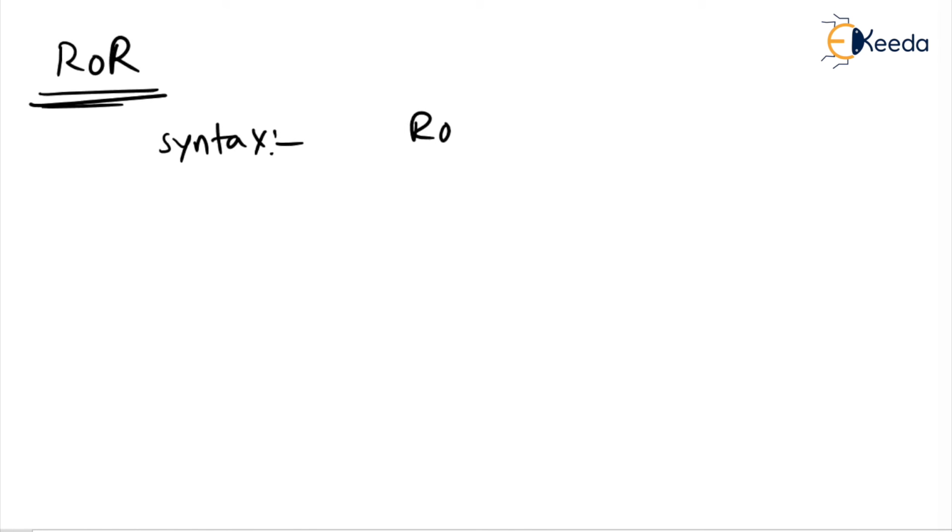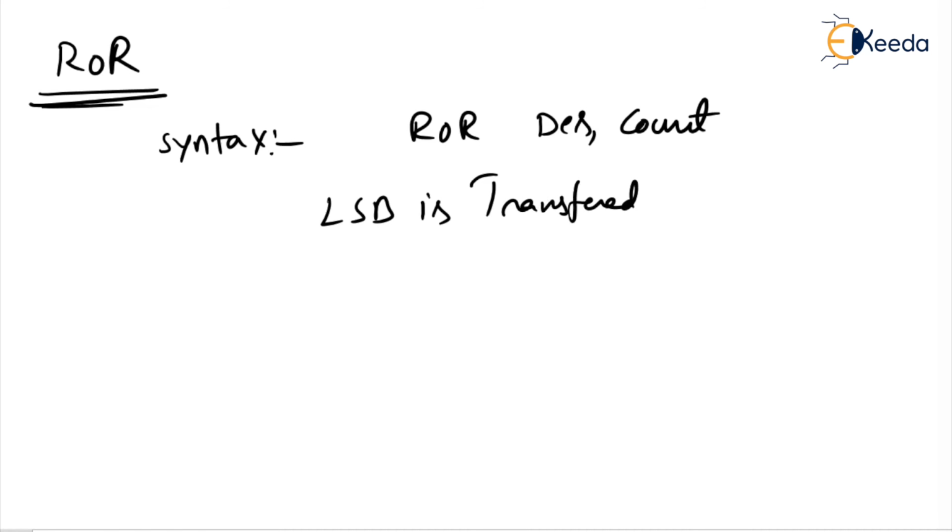Next, in the same manner, rotate right, ROR. What is the syntax? The syntax is ROR destination, count. Same, LSB is transferred to MSB now, and also to CF.